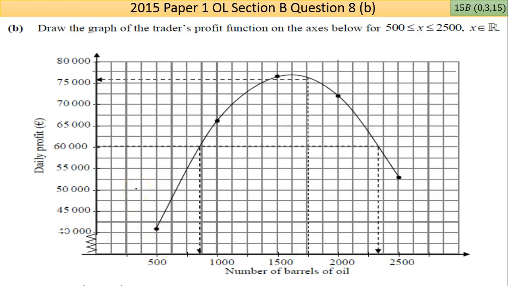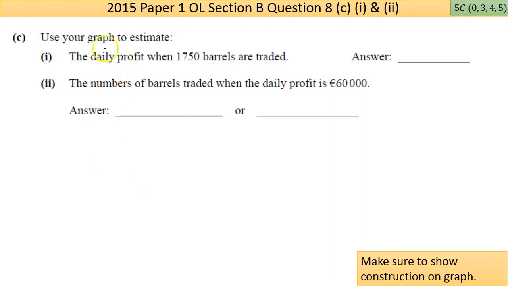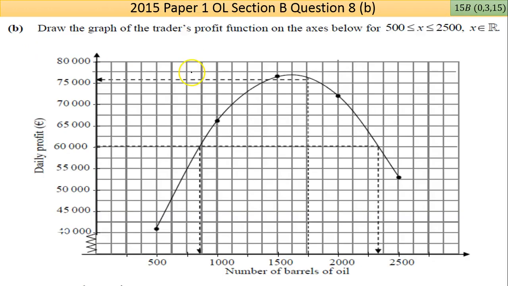That's my graph. I'm saying use the graph now to estimate the daily profit. So the daily profit is the y-axis when 1,750 barrels are traded. So that's the x-axis. So find the value on the x-axis. So that's 1,750 here. Bring it up to where it hits the curve, bring it across, and that's approximately my answer, which I'm going to read off as 76,000.